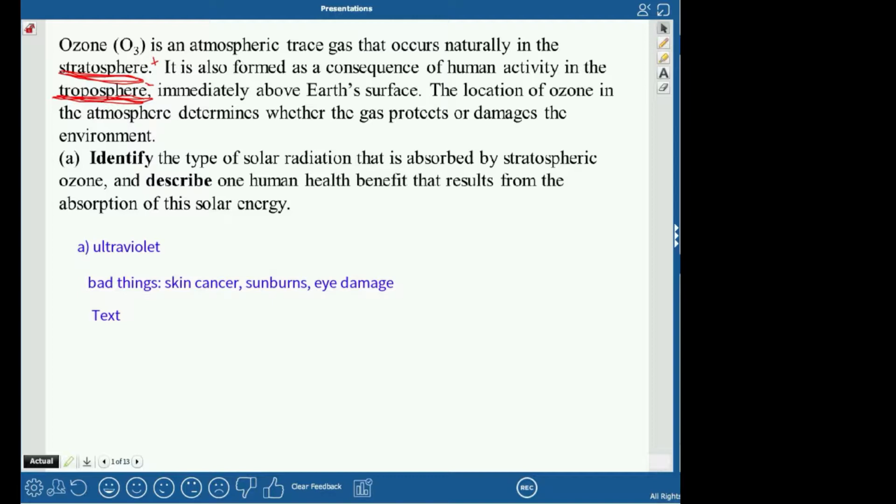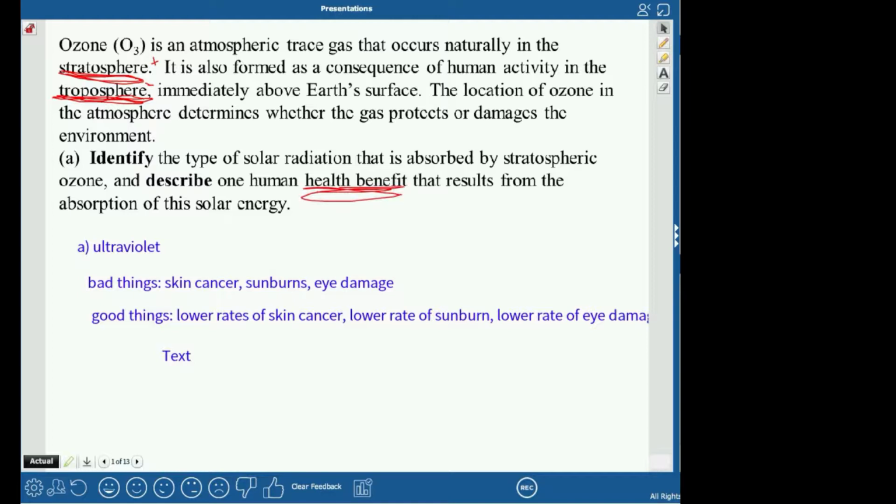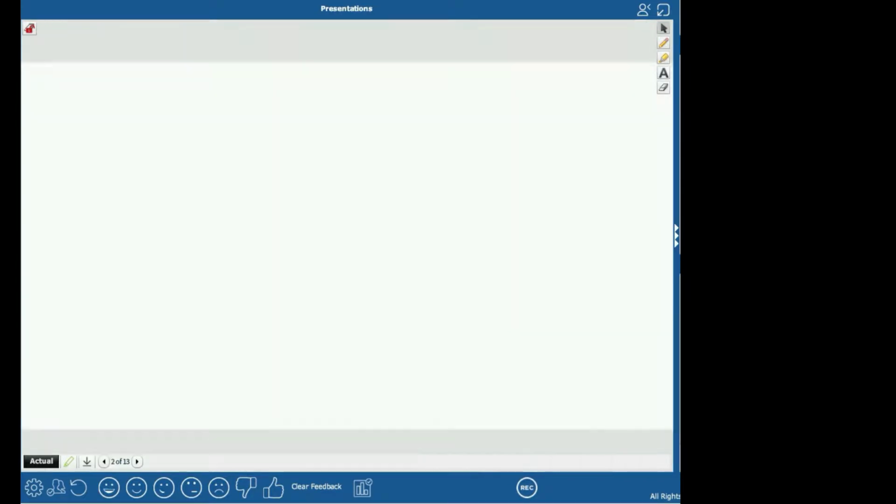Or for eye damage, you could say a lower rate of eye damage. You just have to take that bad thing and turn it into a good thing, because they want a human health benefit instead of a negative. So that's all you have to do for this part. This part is not too bad. You read this and you're like, oh, I got this, right?